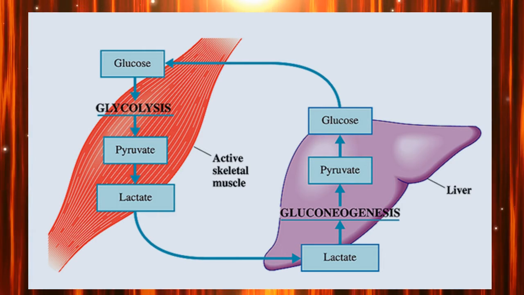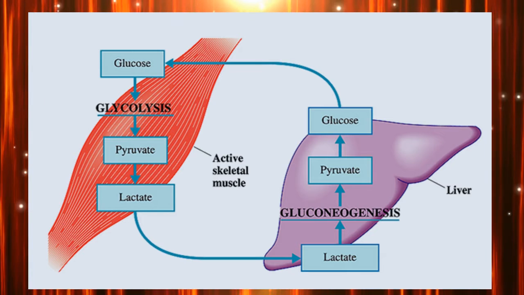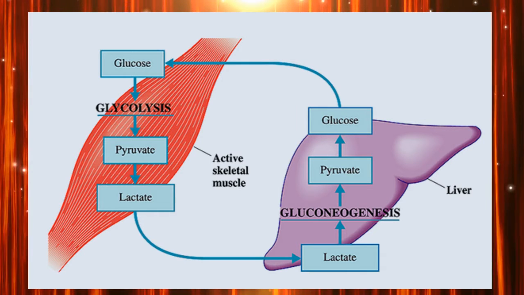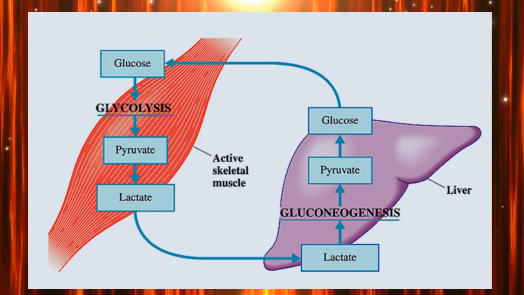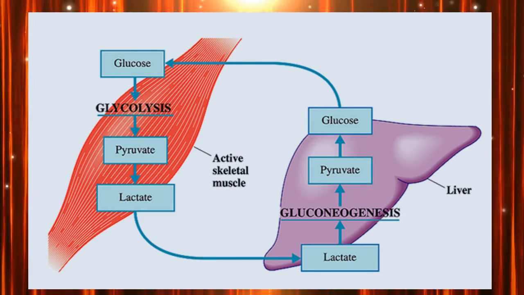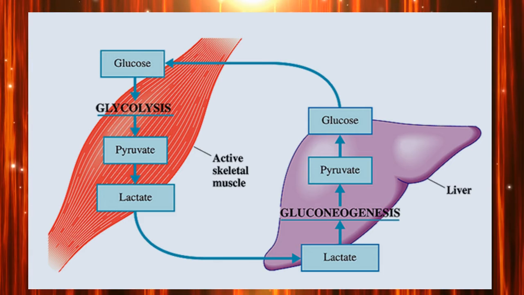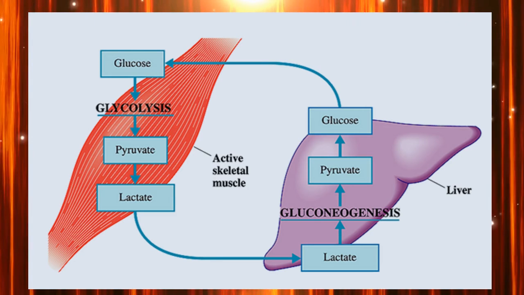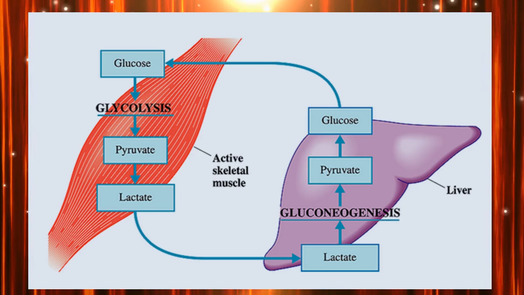So here I'm showing you the glycolysis in terms of you've got a muscle, it's sending it through, you're breaking down glucose, it may be getting sent back to the liver because it needs that fast, rapid energy. And it doesn't really have any other sources to pull from, so it has to keep cycling that through to meet the needs of the body, especially if you're in high activity.